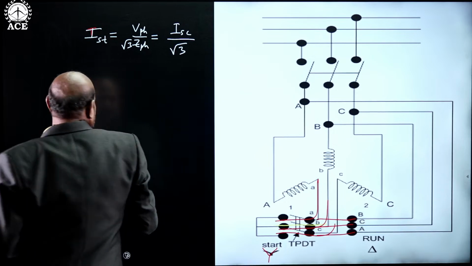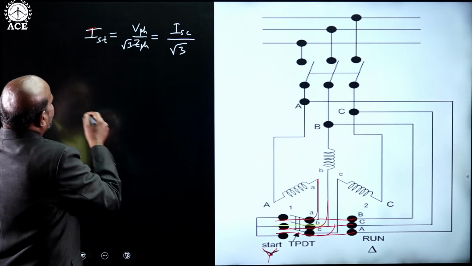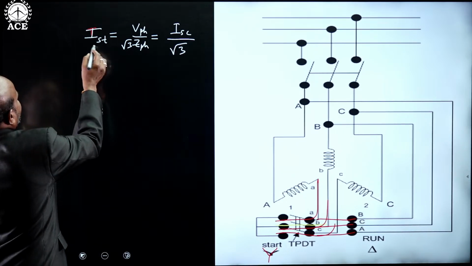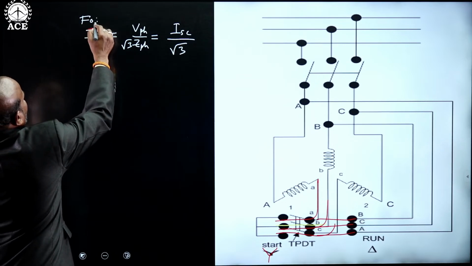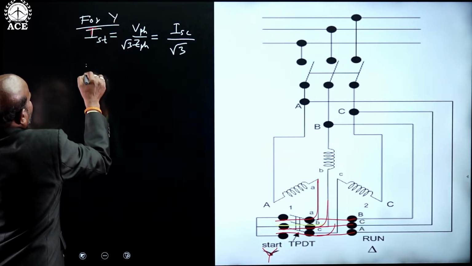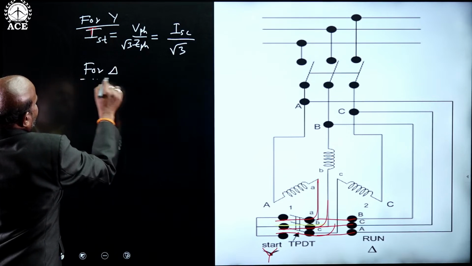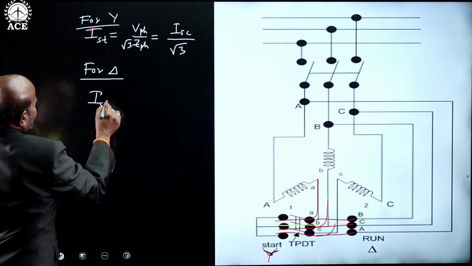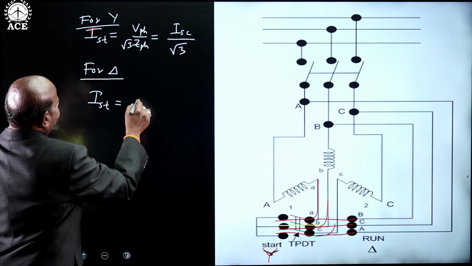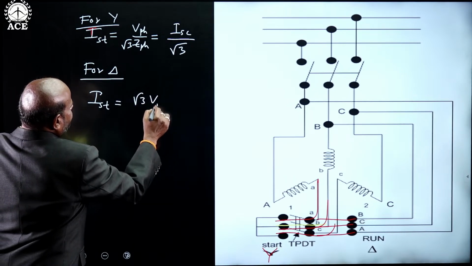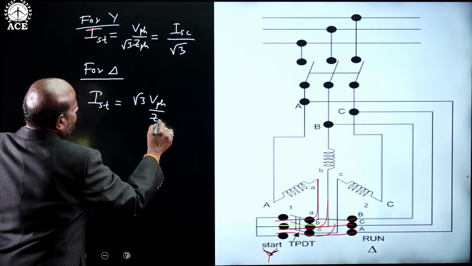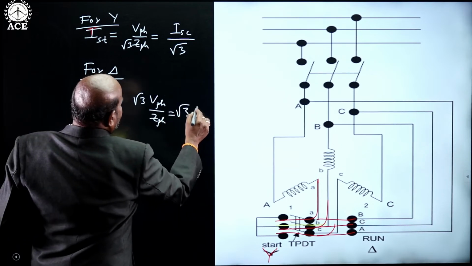This is the starting current in case of star. If it is delta, during running condition the starting current will be equal to root 3 times of V phase by Z phase, root 3 ISC.